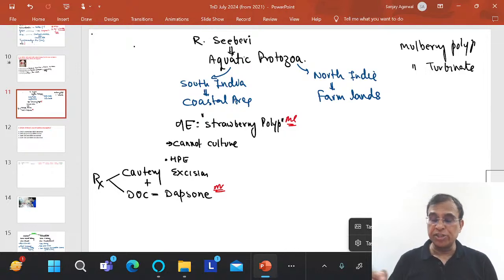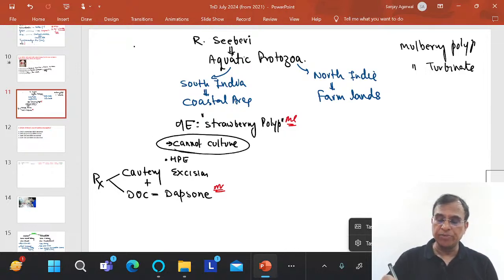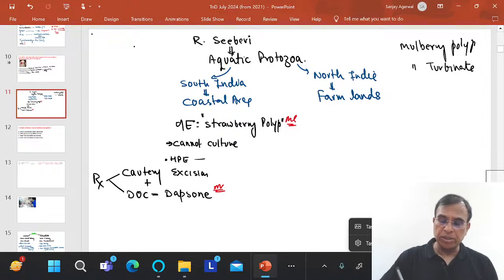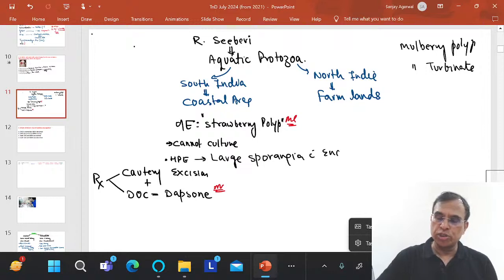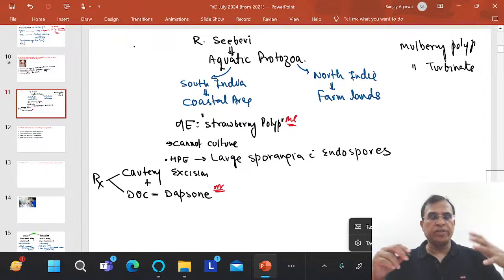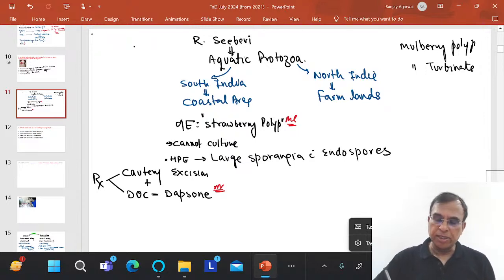You cannot culture this pathogen. It cannot be cultured, but histopathology can be done, and histopathology shows large sporangia with endospores, and there is an eosinophilic matrix.